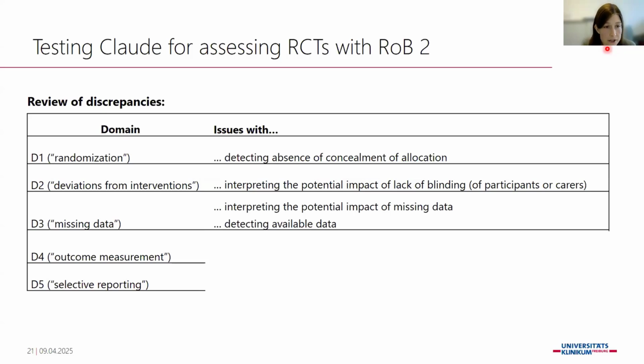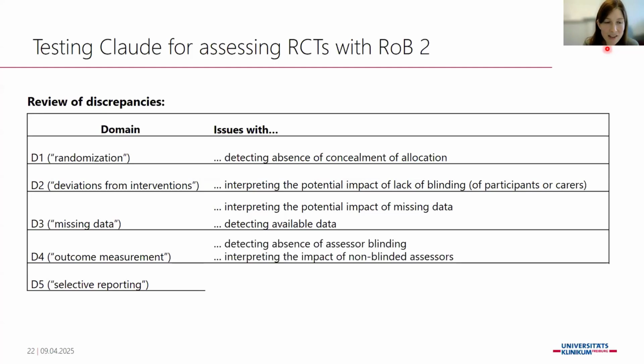So next, the third domain, missing data. Here we often had two problems. The first was interpreting the potential impact of missing data again, so how serious was the absence of data, and then also detecting available data, where Claude sometimes was not able to find missing data or to see that data was missing.